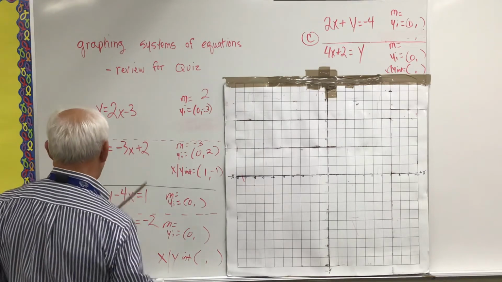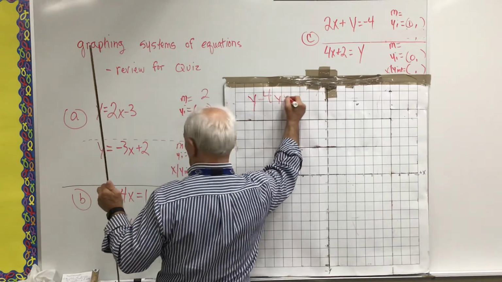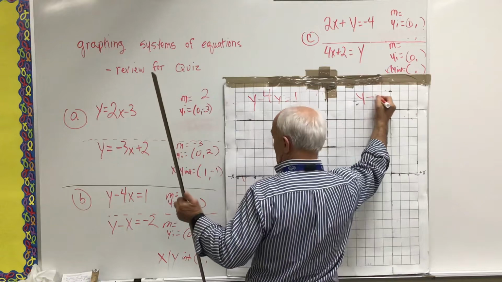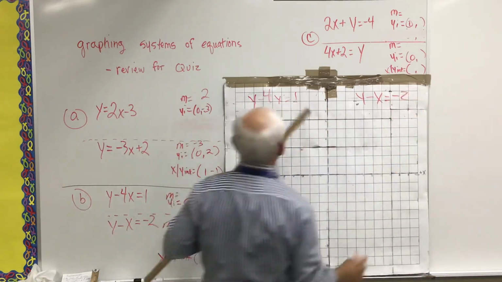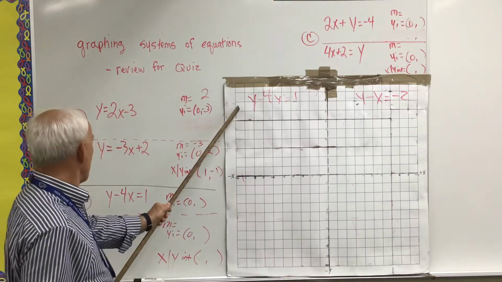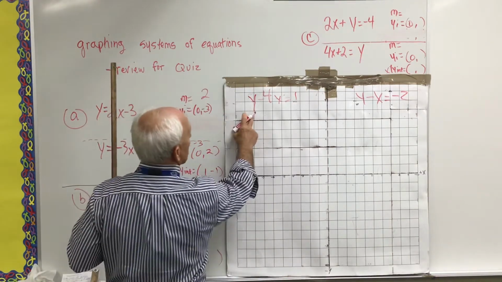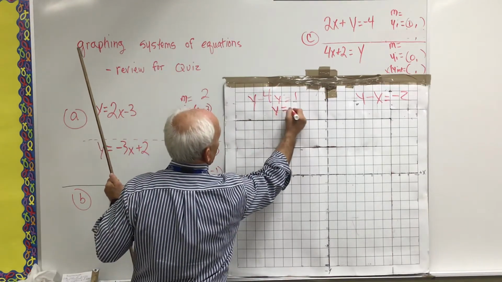Okay, we have y minus 4x equals 1, and we have y minus x equals -2. Now, of course, we need to convert them. We need the y, so how do we get rid of this? We get y equals 4x plus 1.